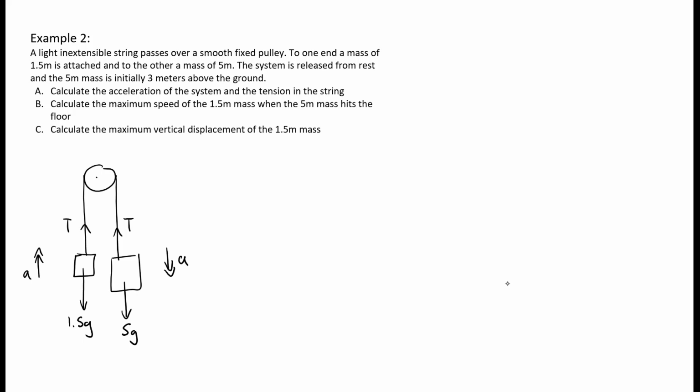The fourth step is to apply F equals ma to each object. So for the 1.5 g weight, if we choose up to be positive, we will have T minus 1.5g is equal to 1.5a.